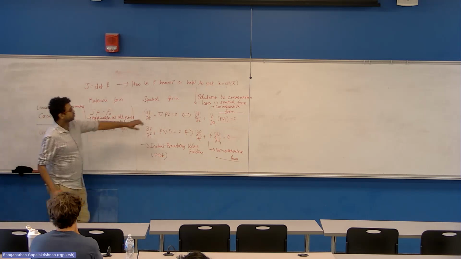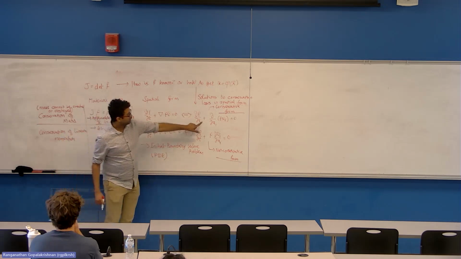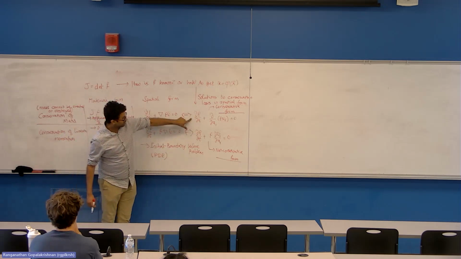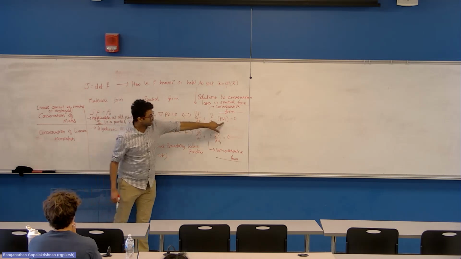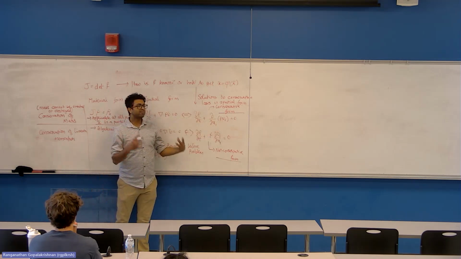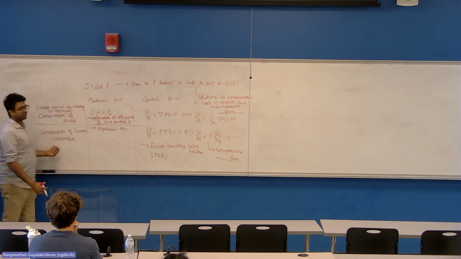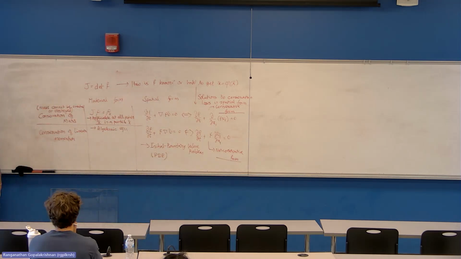So to obtain solution for density as a function of position or time, you need to know both. I mean, you need to solve this equation, but this also has velocity. So you can't solve this equation by itself. You need some information about velocity. And that comes from momentum equation, which we are going to see today.